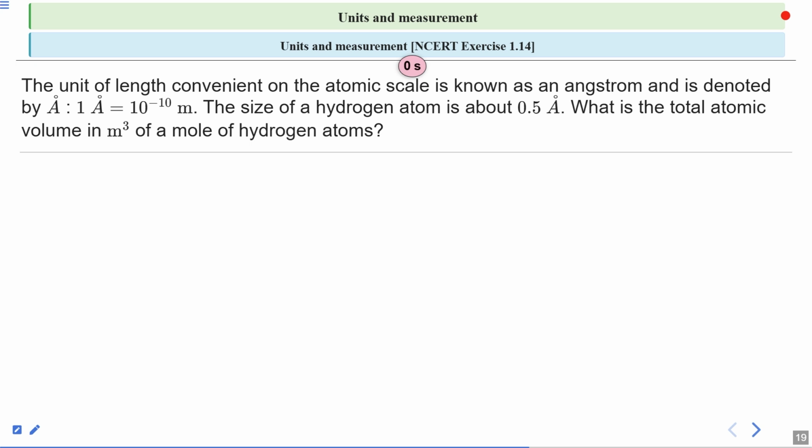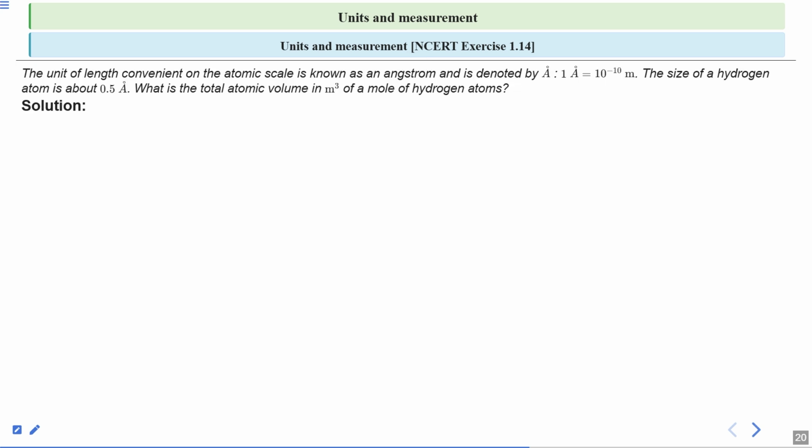So let's go to the solution slide. The radius is 0.5 angstrom, and that means 0.5 into 10 to the power minus 10 meter. How many significant figures are there? One significant figure. So the final answer should have only one significant figure.